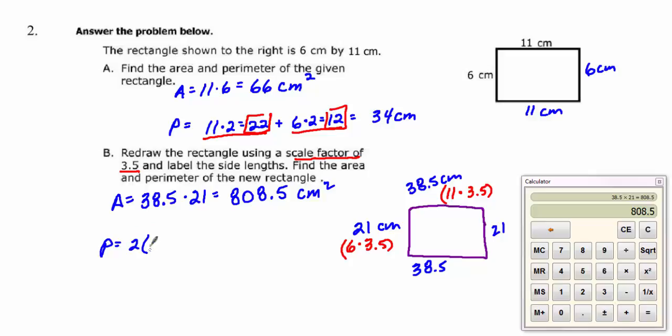It's 2 times 38.5 plus 21. Basically what I'm doing is I'm taking half the rectangle, figuring out what half of it is, and multiplying it by 2 to get the other half. So I've got 38.5 plus 21 is equal to 59.5. And I take that answer times 2 to get the second half, and I get 119 centimeters.